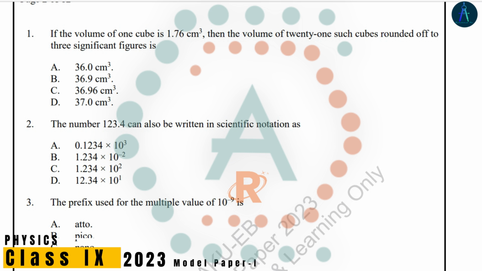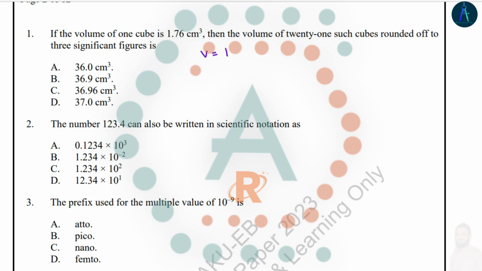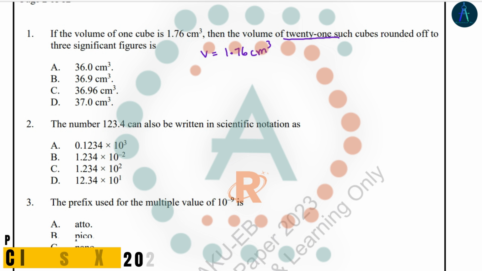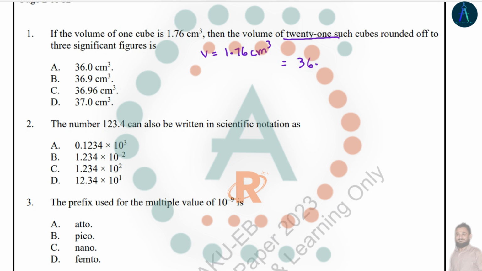So the volume V is equals to 1.76 cubic centimeter, and we have to find the volume of 21 such cubes. So let's multiply this value by 21, so we will get 36.96 cubic centimeter, and we have to answer it in 3 significant figures.